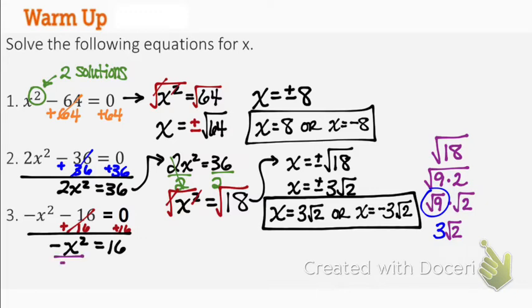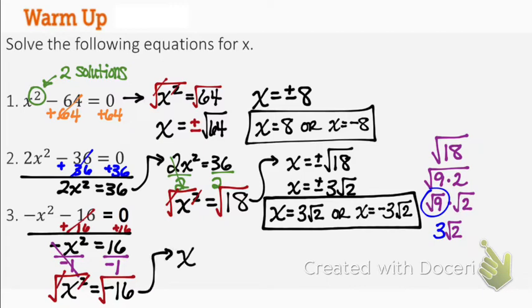So I'm going to divide both sides by negative 1. So I have x squared equals what? Negative 16. How do I get rid of the squared now? Square root both sides. How many answers? 2. Positive or negative square root of negative 16.